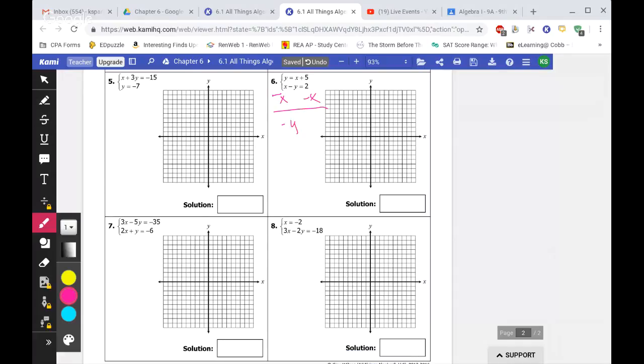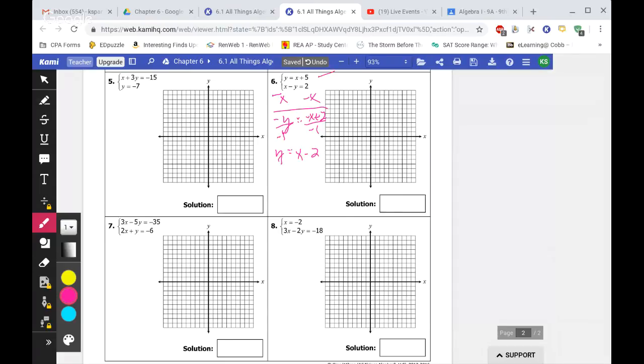That gives me minus y equals minus x plus 2. Whoops. I'm going to try to squeeze it in over here so I don't mess up my graph. And then I'm going to divide both sides by -1, and I'm going to get y equals x minus 2.